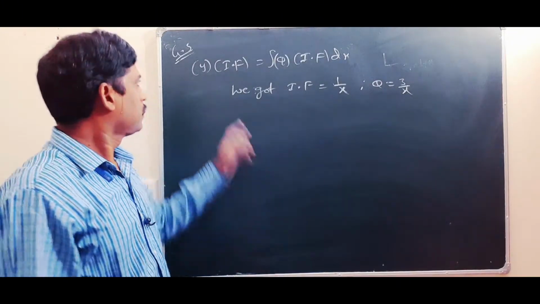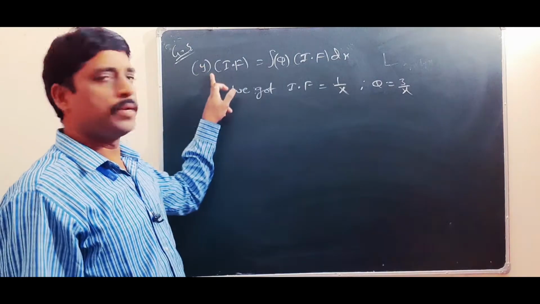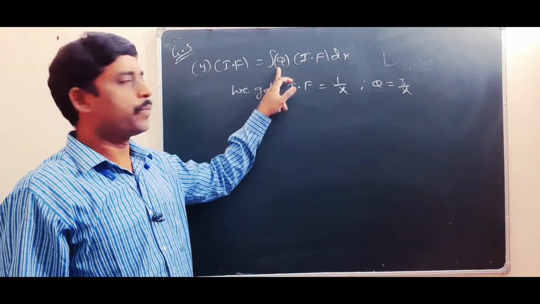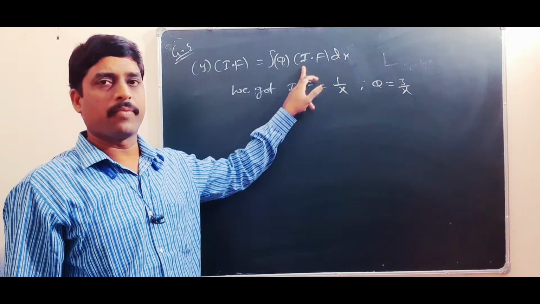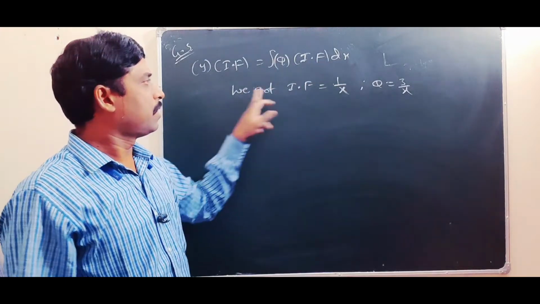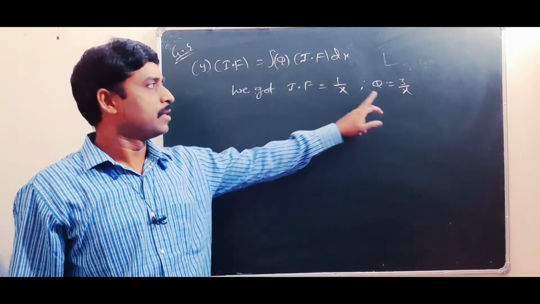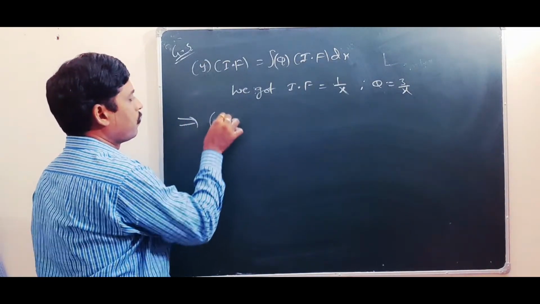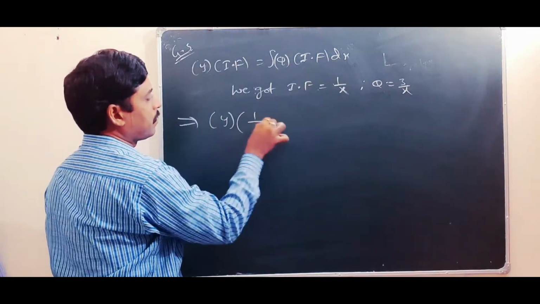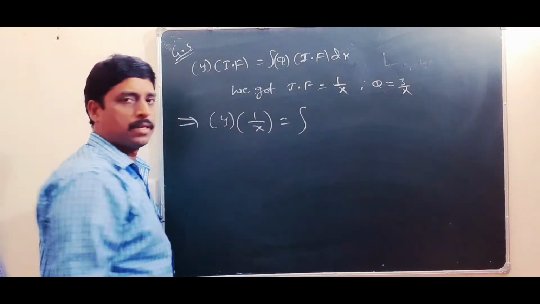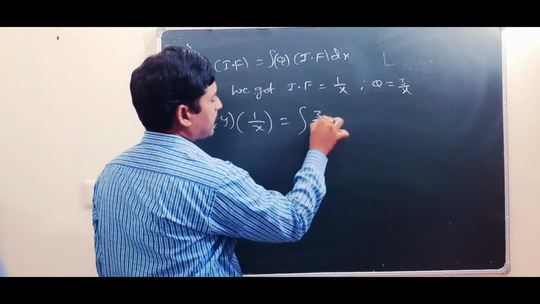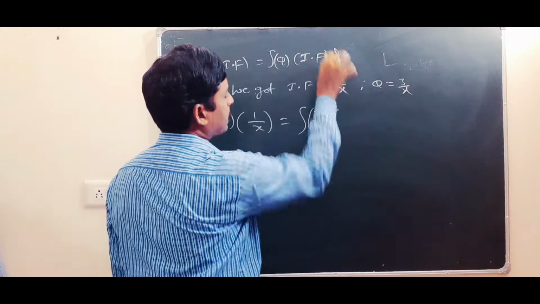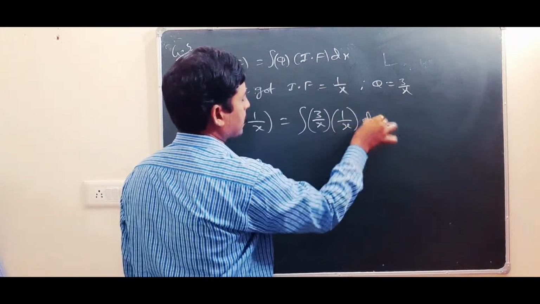Okay, let me repeat. The general solution formula is y into IF equal to integral q into IF dx. We got the integrating factor value 1 by x and q value 3 by x. Now substituting, y into 1 by x is equal to integral of 3 by x into 1 by x dx.